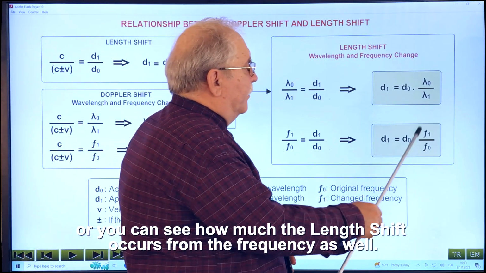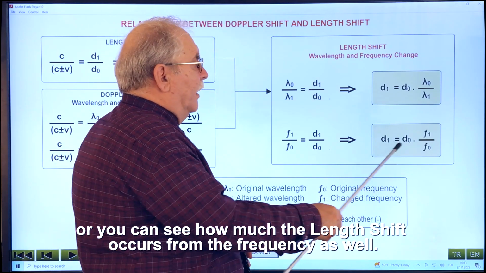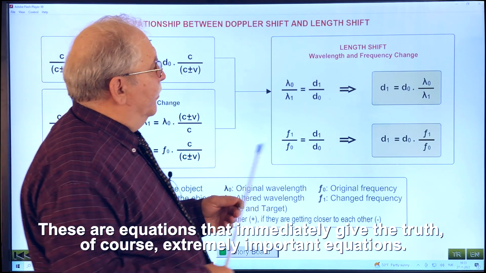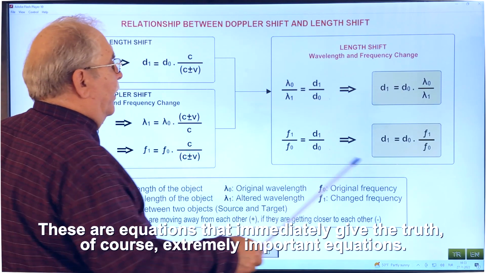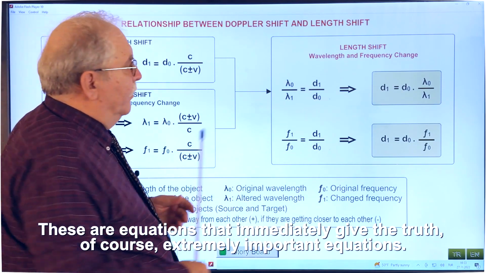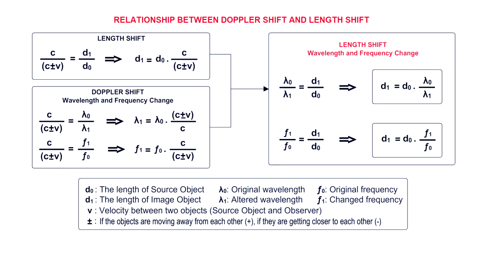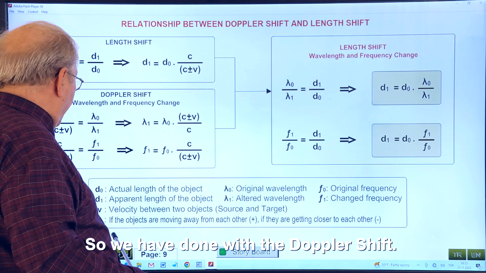Or you can see how much the length shift occurs from the frequency as well. These are equations that immediately give the truth, of course, extremely important equations. So we have done with the Doppler shift.